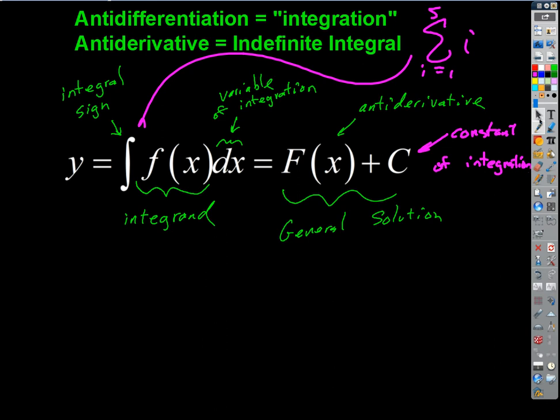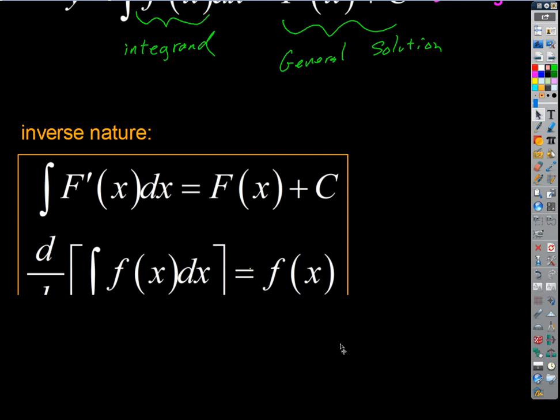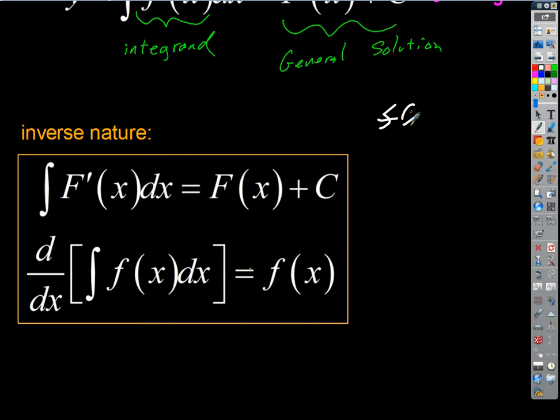One other thing I want to point out really quickly, and we'll come back to this, is that there's a strong inverse nature here. Antidifferentiation and differentiation, or differentiation and integration, it's easier to say integration, they undo each other in much the same way that if we have the function f of x equals x cubed, and g of x equals the cube root of x, well, what's f of g of x? x.